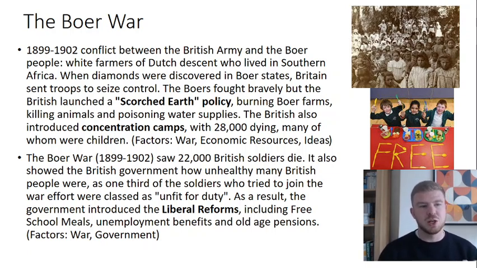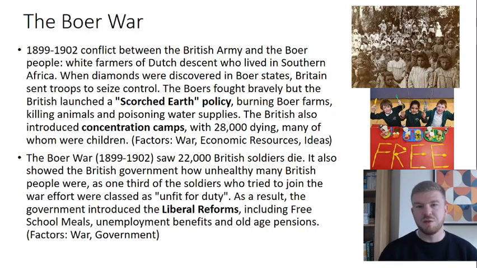It was only the British introduction of what we call a scorched earth policy, where they burnt Boer land to the ground, killed animals, and poisoned water supplies, that led the Boer to finally surrender. The British also introduced concentration camps, and you can see a picture of one of those camps in our top right, with 28,000 dying, many of whom were children.